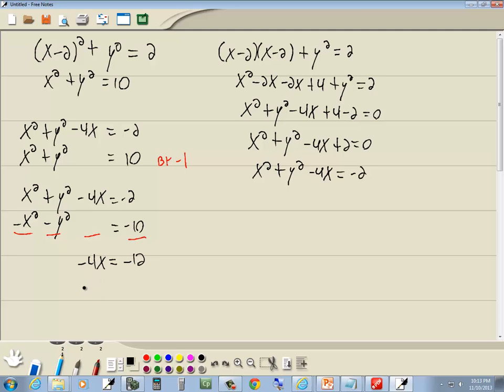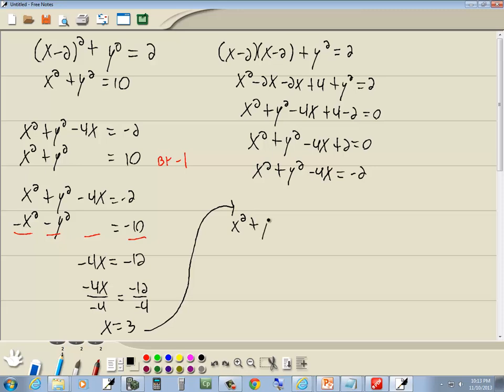Then we want to solve for x, so divide both sides by negative 4, and we get x is equal to 3. Now let's plug it into the second equation and see what we get.